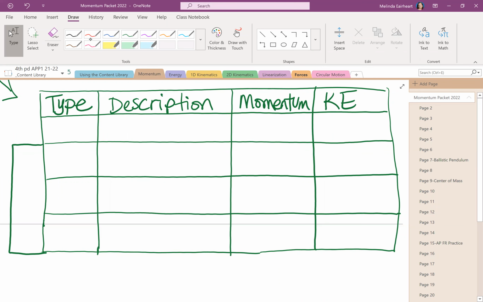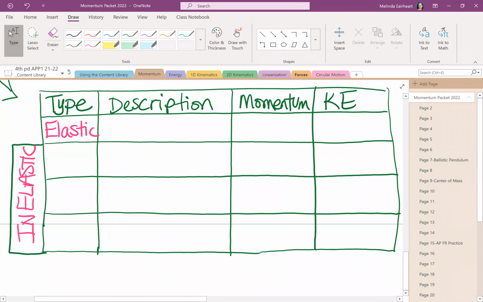So the big 2 types of collisions are elastic, but we're not talking springs, we're not talking rubber bands. This is kind of a different designation. It's about the elasticity of your collision. And then in that offshoot box, I'm going to say inelastic.